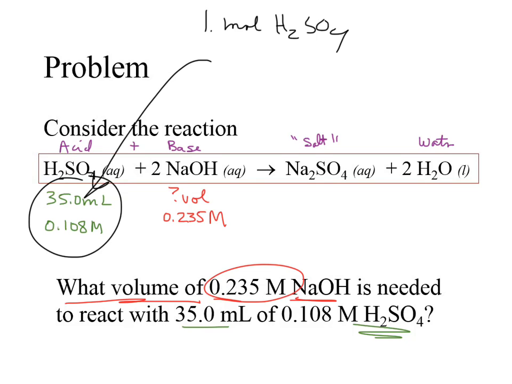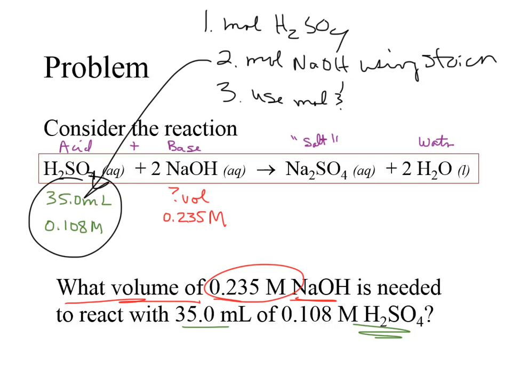Step number 2 is I'm going to go to moles of NaOH using stoichiometry. And when I have moles of NaOH, step number 3 is I'm going to use moles and molarity of NaOH to get to volume. Those are the 3 steps I'm going to do it in.